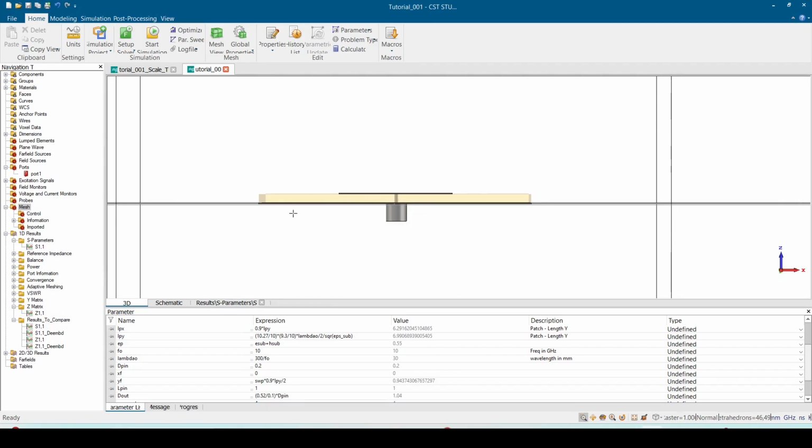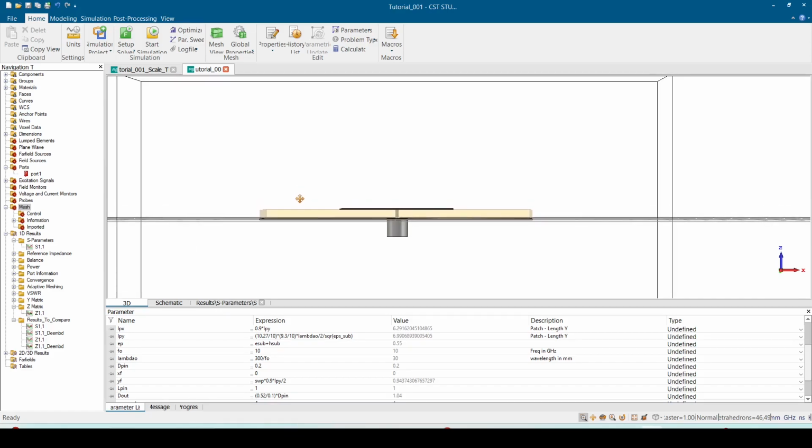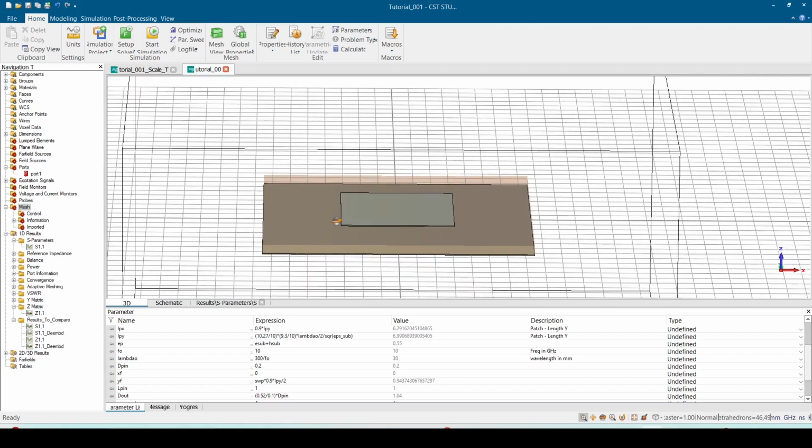So my antenna is parameterized: if I want to scale it up or down, it will scale everything. We will see now how it will work.